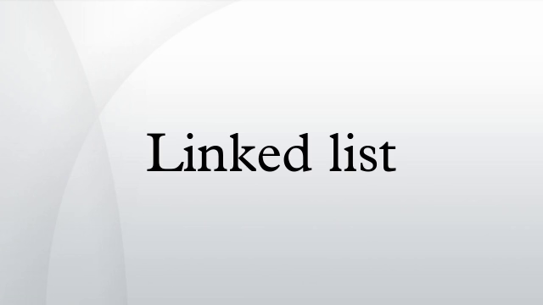MIT Press. ISBN 0-262-03293-7. Cormen, Thomas H.; Charles E. Leiserson; Ronald L. Rivest; Clifford Stein. 10.2 Linked Lists. Introduction to Algorithms. MIT Press. ISBN 0-262-03293-7.